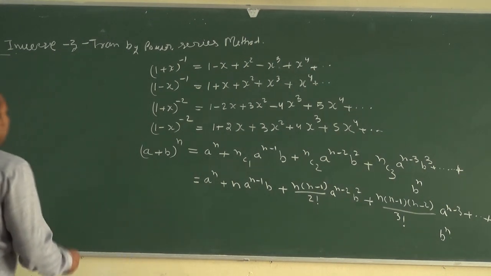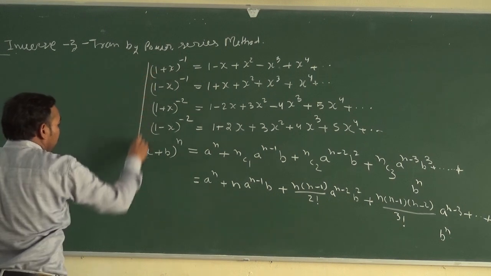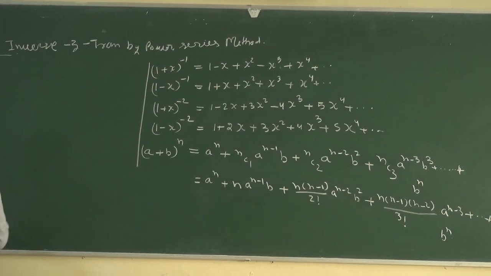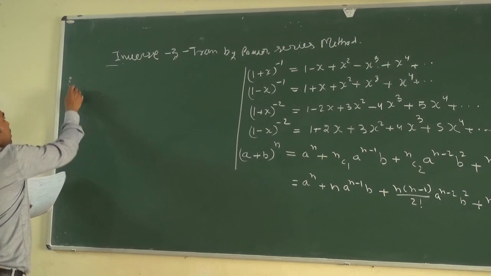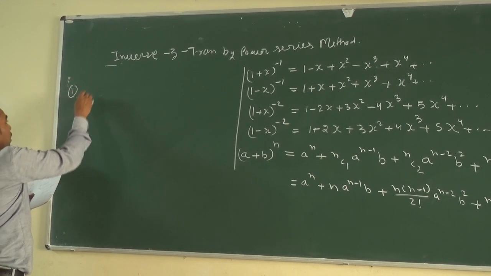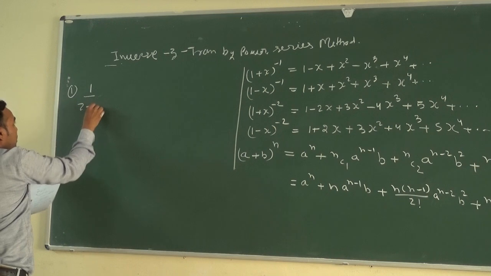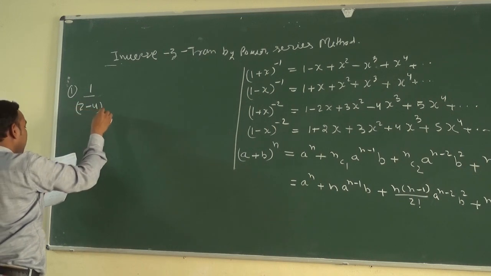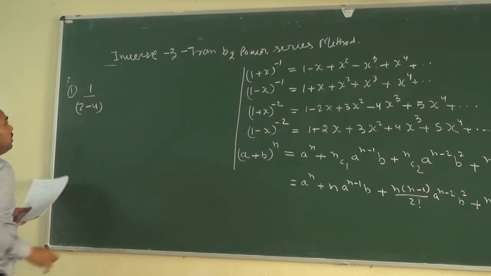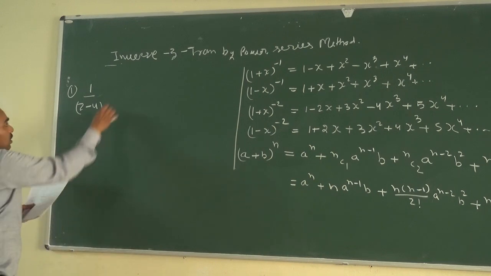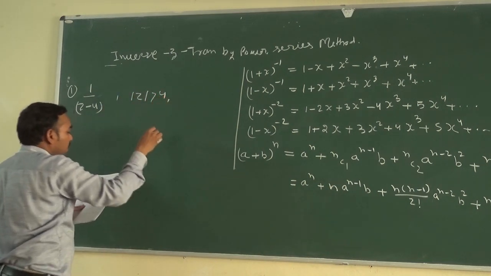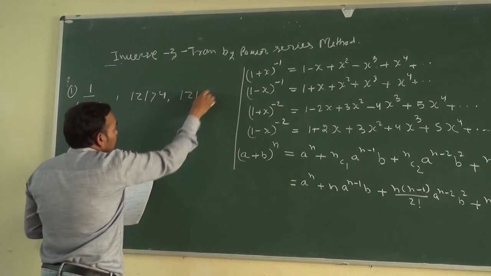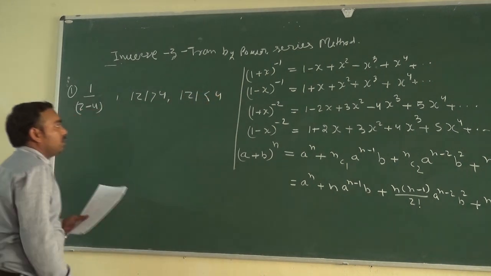So suppose we want to find the inverse Z transform of 1 upon z minus 4 in the region mod z greater than 4 and mod z less than 4.